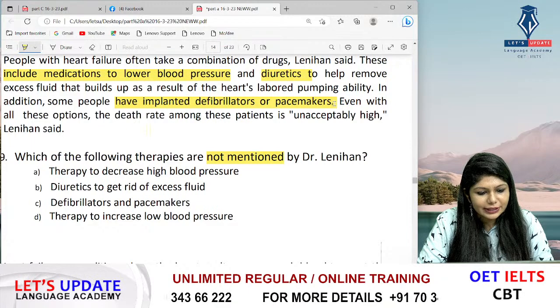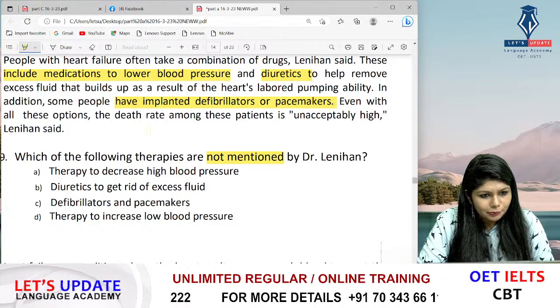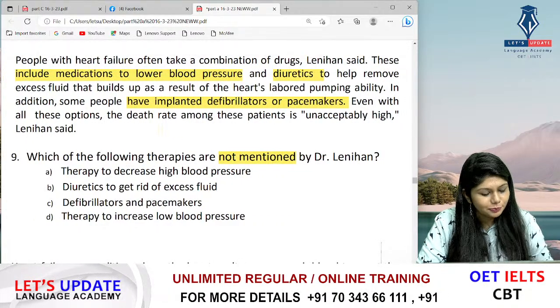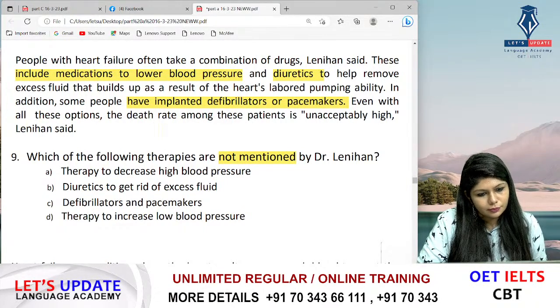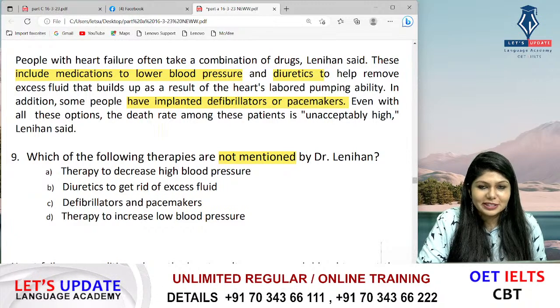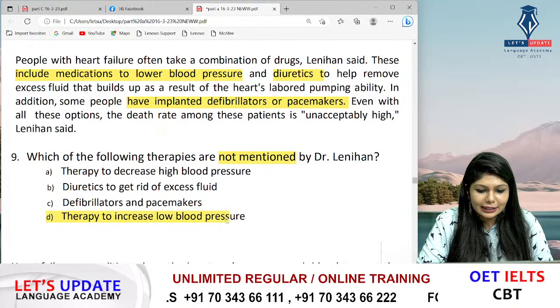Therapy to increase low blood pressure, is that mentioned? No, that is not mentioned. And that is why your correct answer is D.